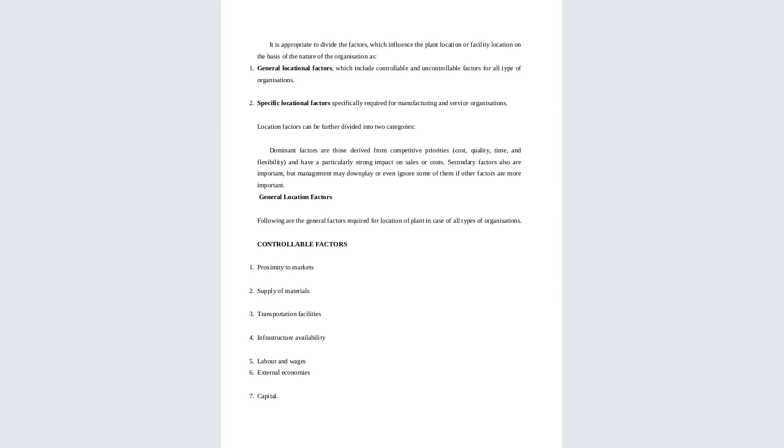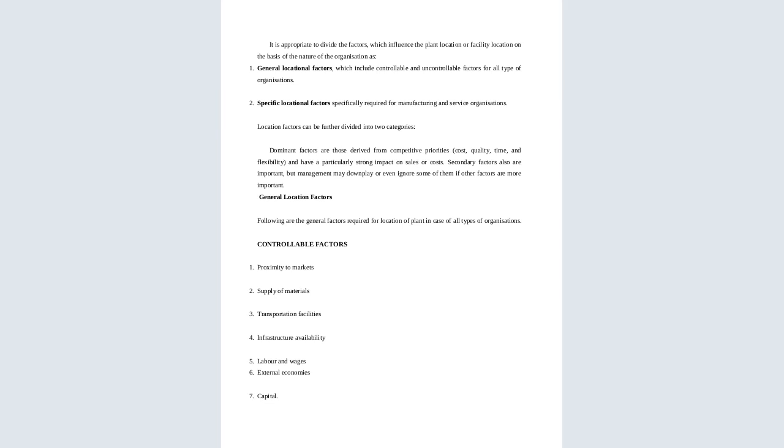So we proceed. It is appropriate to divide the factors which influence a plant location or facility location on the basis of the nature of the organization as, number one, the general location factors, which include controllable and non-controllable factors of all types of organization, and another one is the specific locational factors, which are specifically required for manufacturing or service organizations.